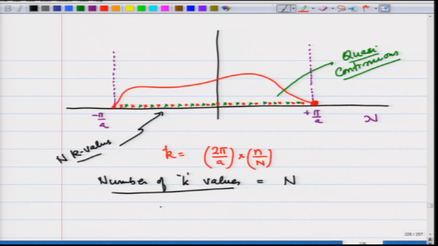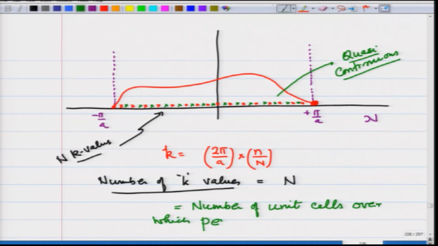This is precisely equal to the number of unit cells over which periodic boundary condition is applied.